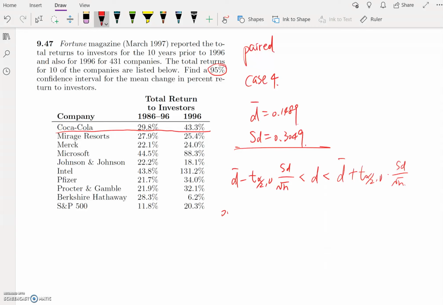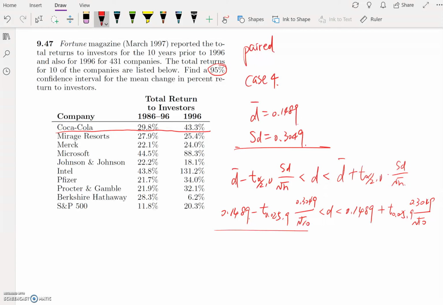Here it is 0.1489 minus t, what we want is 95%, so 0.025, and v is 10 minus 1, which is 9, times 0.3049 divided by square root 10, less than mu D, less than 0.1489 plus t 0.025, 9, times 0.3049 over square root 10.